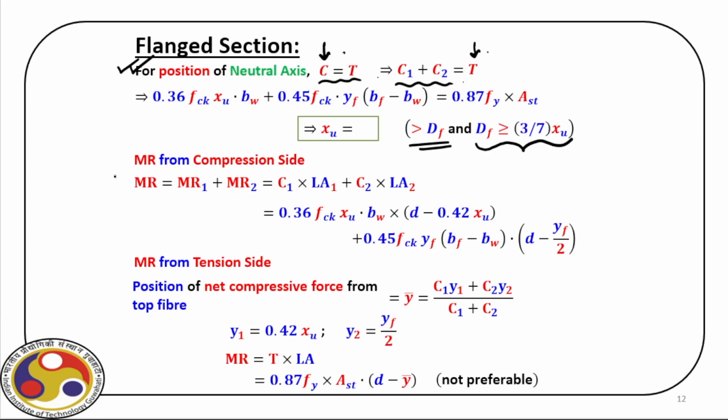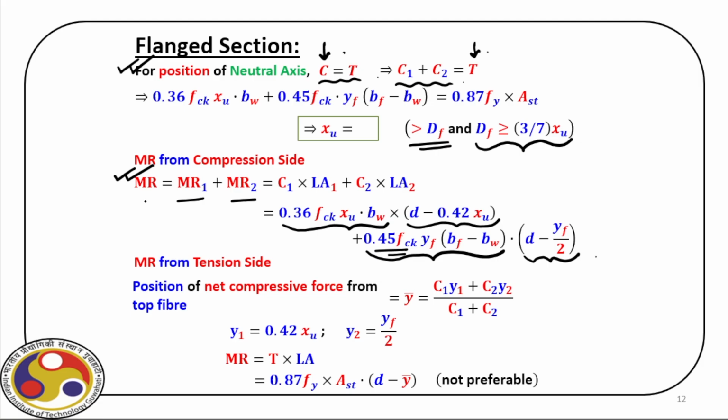Then our task is to find out the moment of resistance, which is again the sum of MR1 and MR2. For MR1, we already know C1, that is here, times the lever arm, which is again coming from the singly reinforced section. For C2, we have the stress here, times this is the area, YF times the width, and then for that we have the lever arm here.